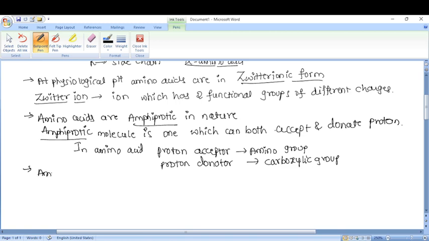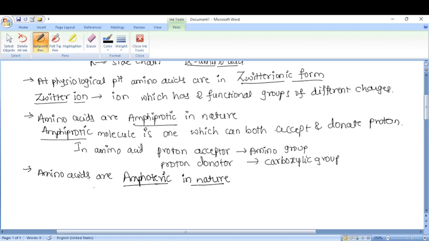Amino acids are also amphoteric in nature. Amphiprotic is different and amphoteric is different. Already we have seen amphiprotic, that is a molecule which has the ability to accept and donate a proton.